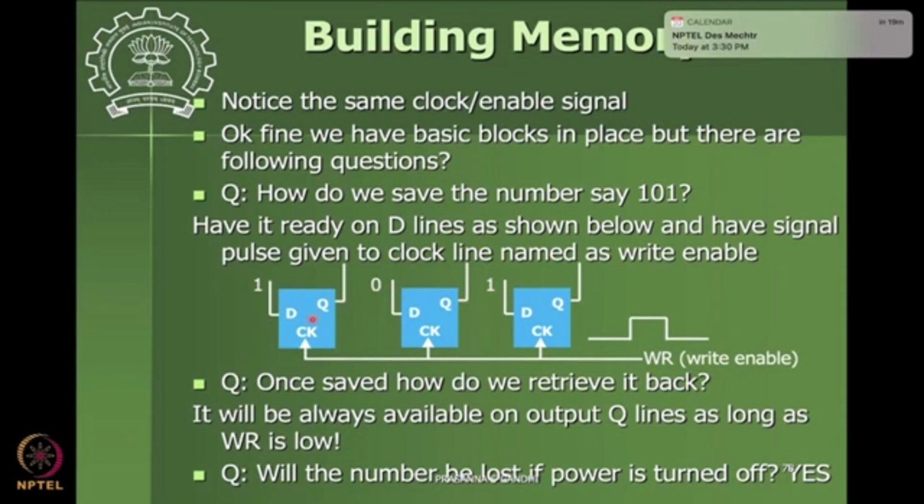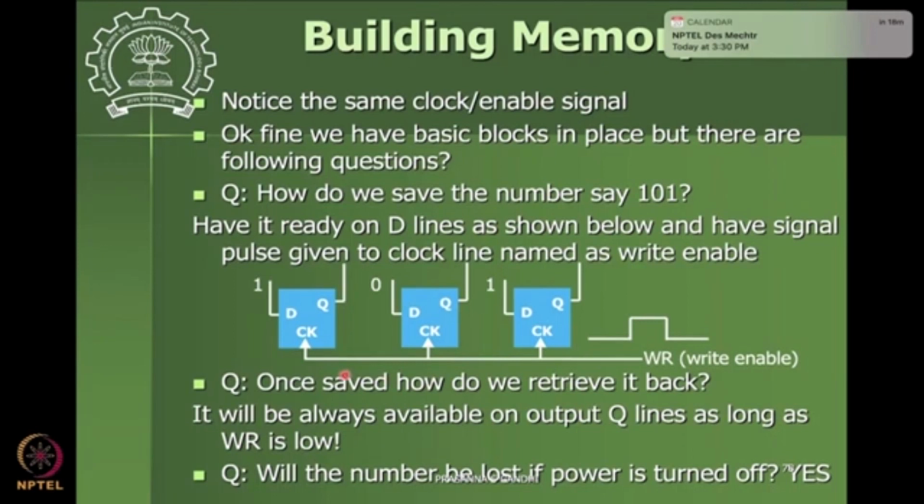If it is available, then when I give this write enable, this clock signal we are calling WR, or write enable, this pulse is going to get the input stored inside the D flip-flop, and that value will be available at terminal Q also. This is how one can save this value in the D flip-flop.